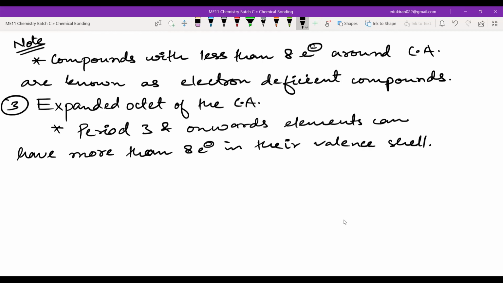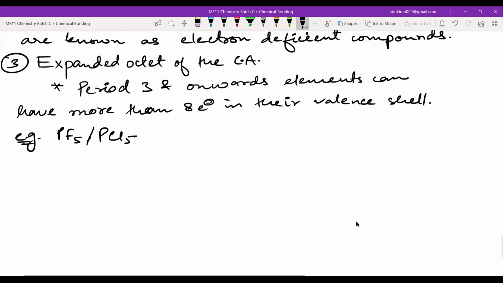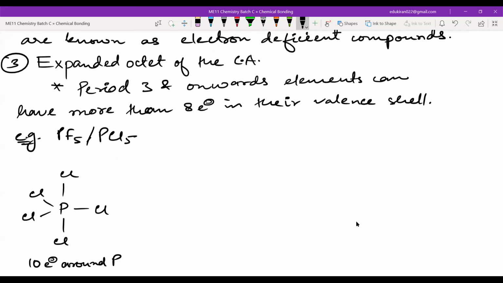For example, you have PF5 or PCl5. The structure of PF5 or PCl5 will be like this: phosphorus, chlorine, chlorine, or fluorine, anything you can write. This has how many electrons? 10 electrons around phosphorus.